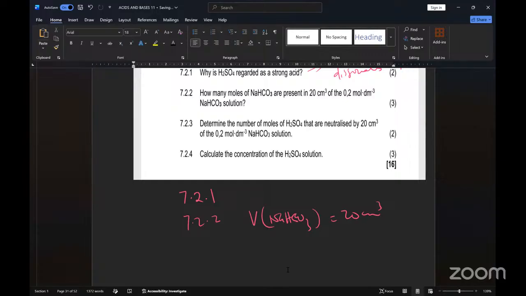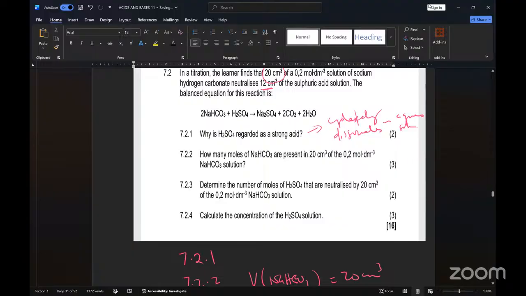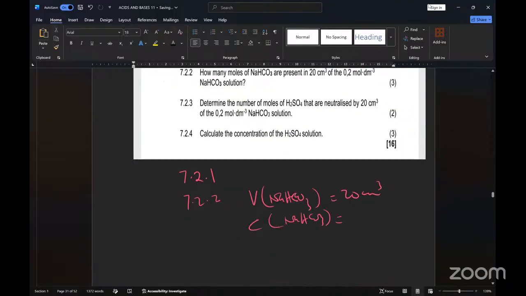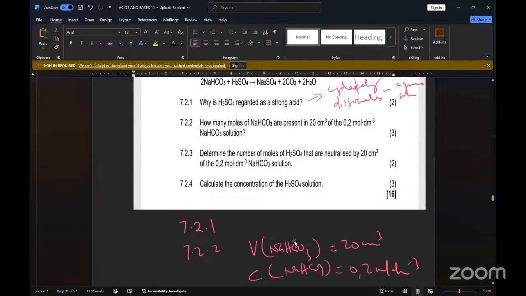And then the concentration of the sodium hydrogen carbonate is given to you as what? The concentration here is 0.2 mole per dm cube. So the question says, how many moles?